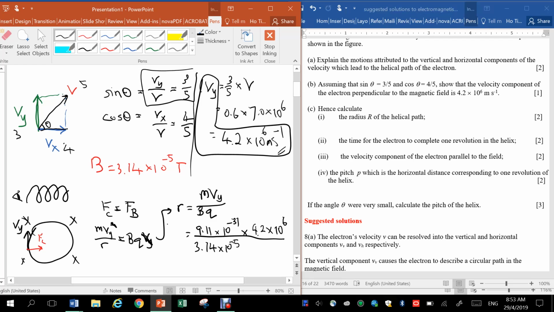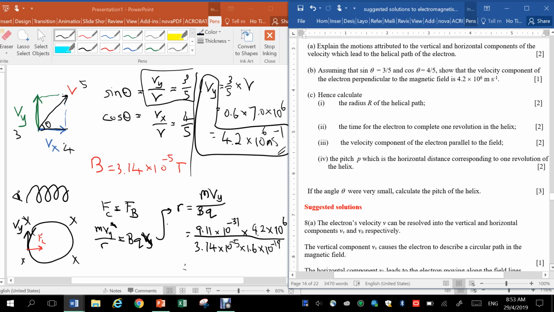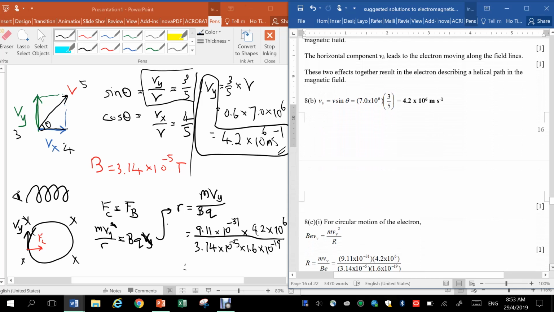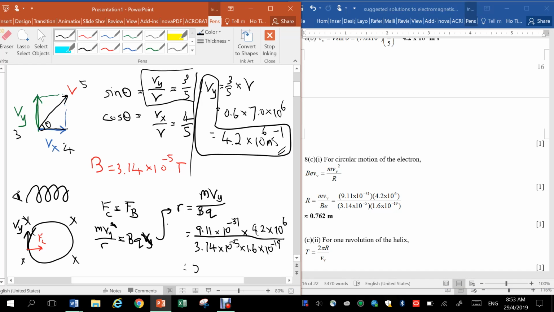And the charge is 1.6 times 10 to the power of negative 19. Punch your calculator, and you should get your answer. So nothing too scary there. Notice that the solutions here give 0.762 meters. That's pretty large for a radius.